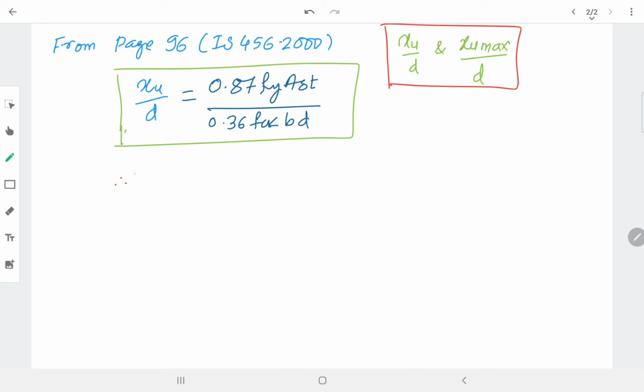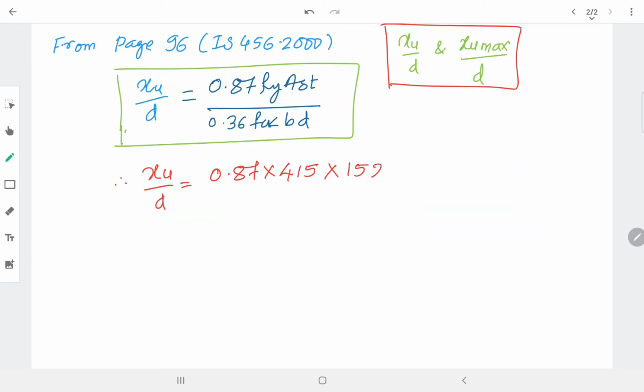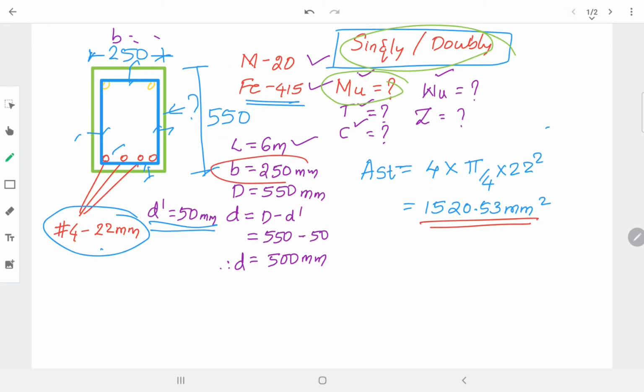For that, I will find Xu by d. Xu by d is equal to 0.87 into fy, the grade of steel used, which is 415, into Ast, which we have already calculated as 1520.53, divided by 0.36 fck, where fck is 20, b is 250 mm, and effective depth is 500 mm.